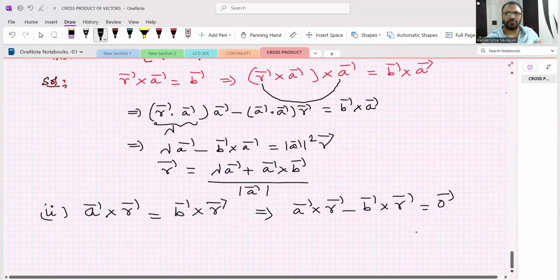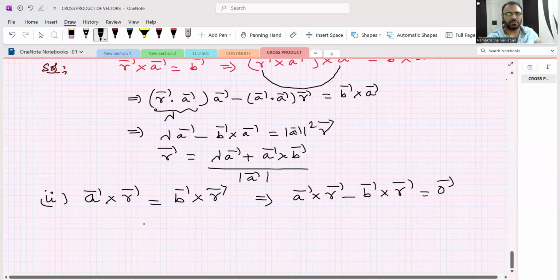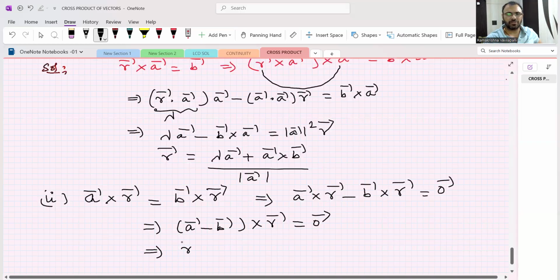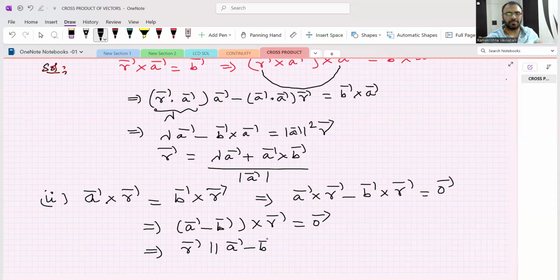We want to find out that R bar vector. So this implies you take R bar common, then you will get A bar minus B bar cross R bar equal to 0. Cross product of two vectors is null vector, nothing but they are parallel. So R bar is parallel to A bar minus B bar. Implies that R bar is equal to lambda into A bar minus B bar.